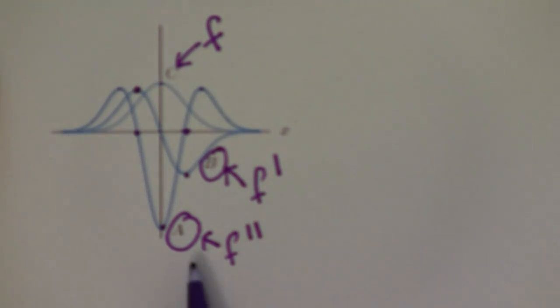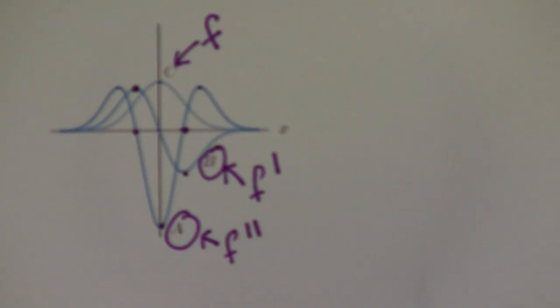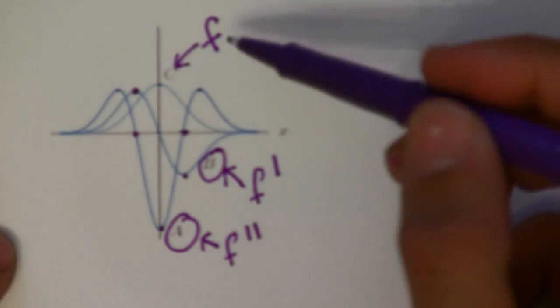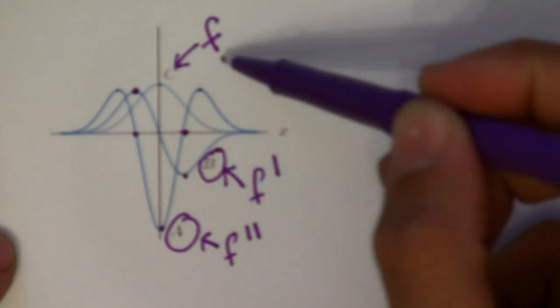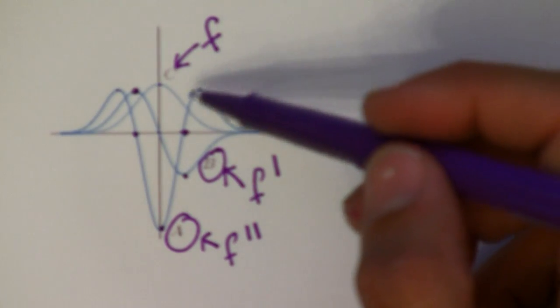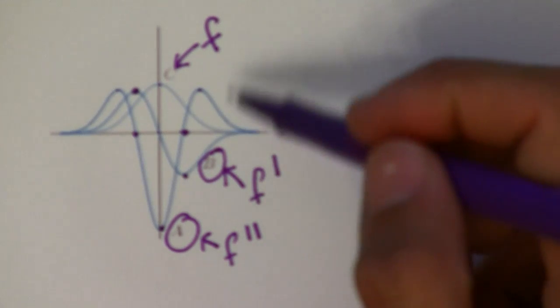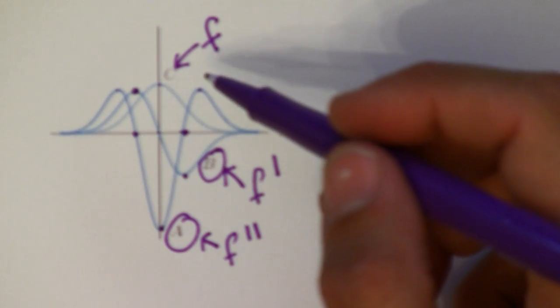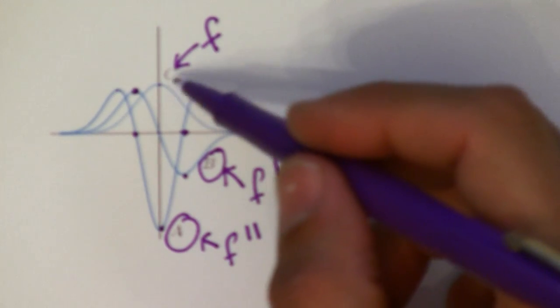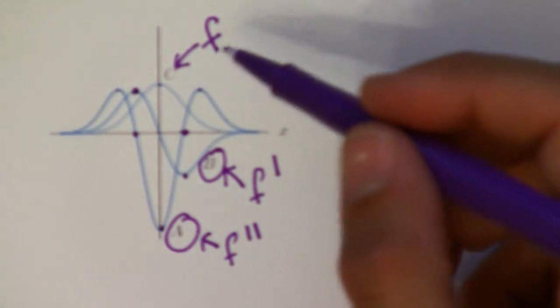This goes against the commonly misconceived notion that the derivative always has fewer squiggles than the original function. That analysis only works for polynomials, not for every single kind of function.